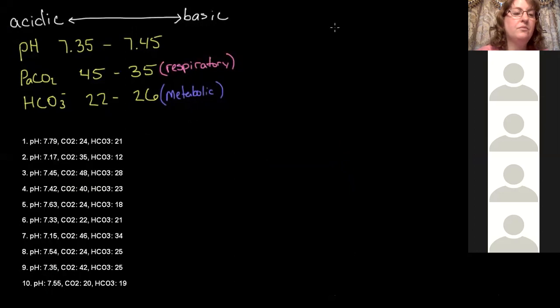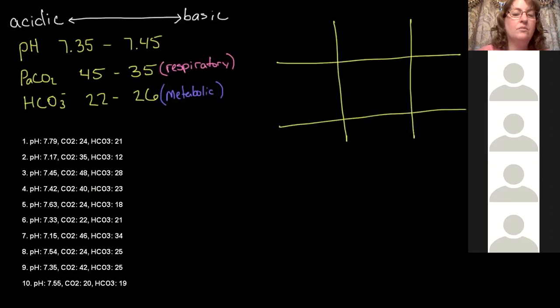So number one, we're going to draw our tic-tac-toe grid. This column is acid, this column is normal, and this is base. So we look at our first problem, 7.79. Our pH is 7.79. It is basic, it is alkalotic.